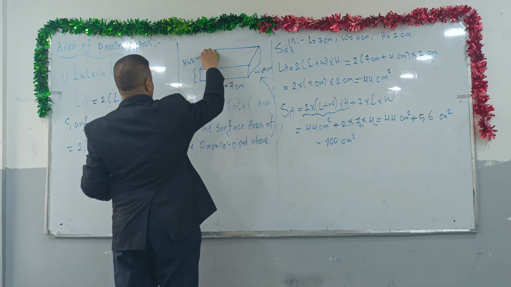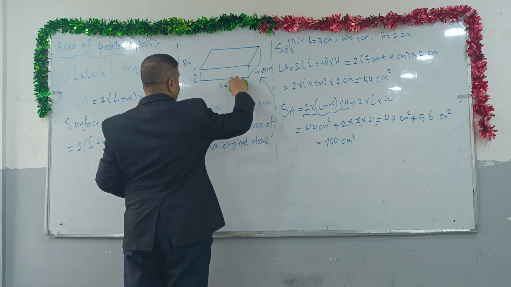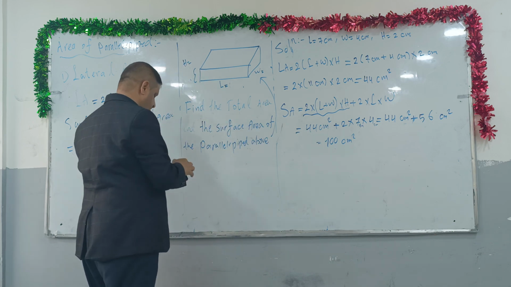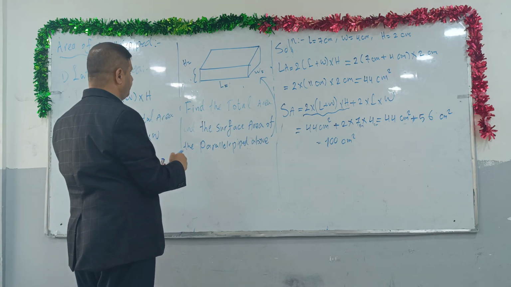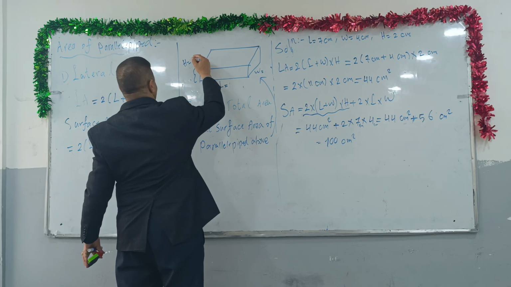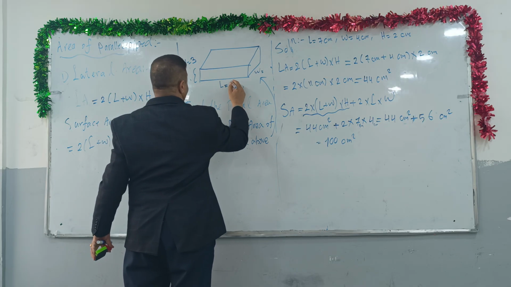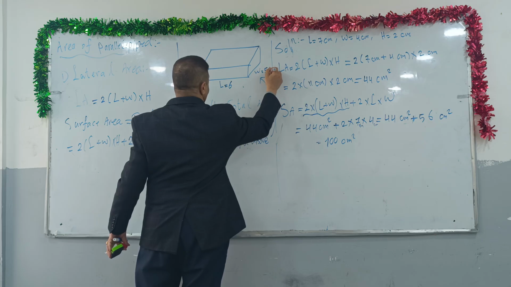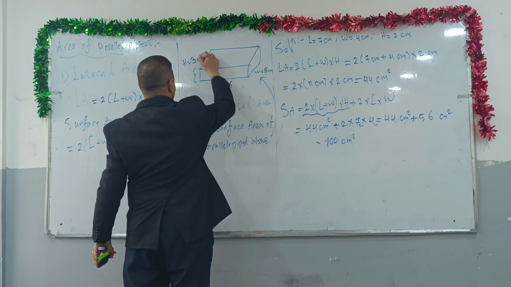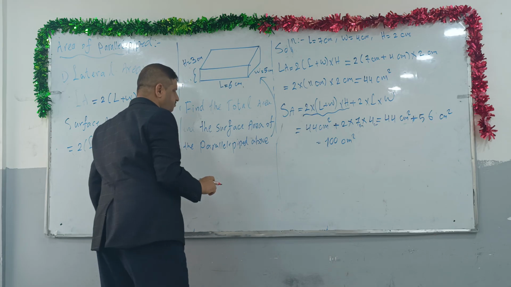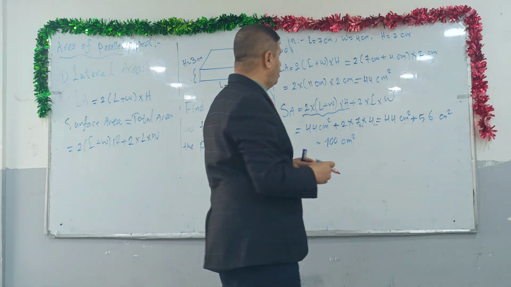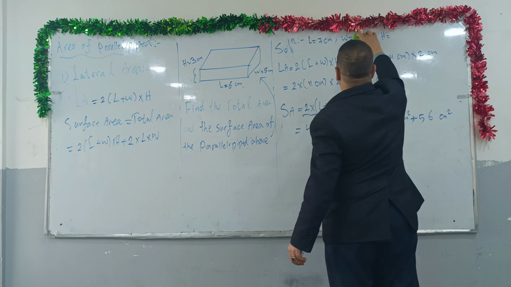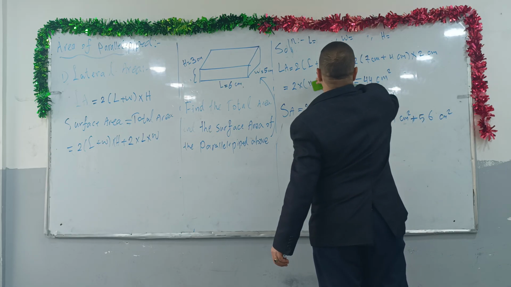Now, suppose that the length and the width are different. Suppose I have 3 centimeters, 6 centimeters, and 5 centimeters, and he asks me to find the areas of this shape.